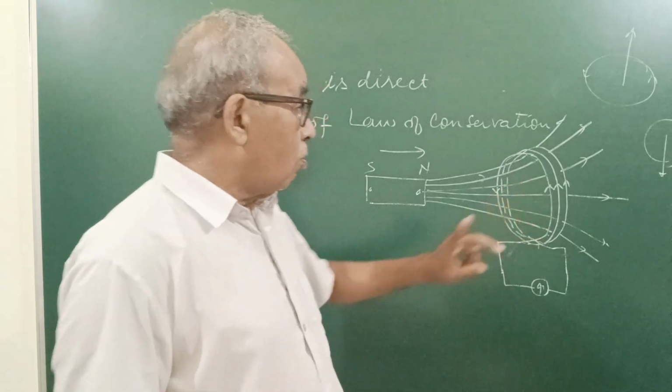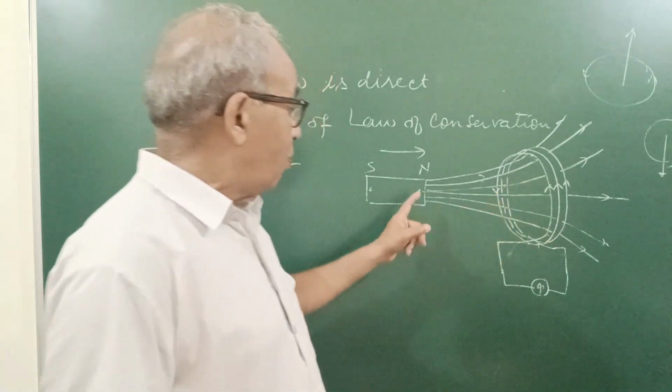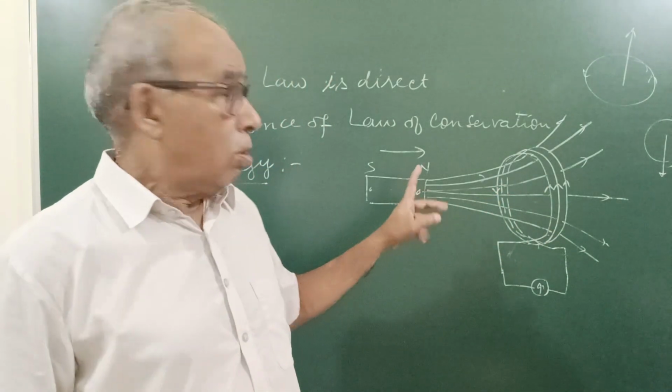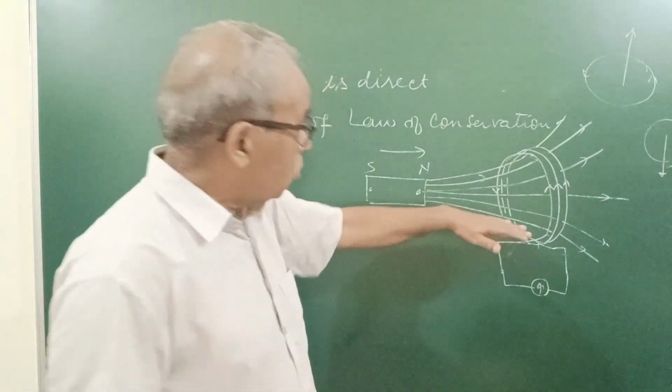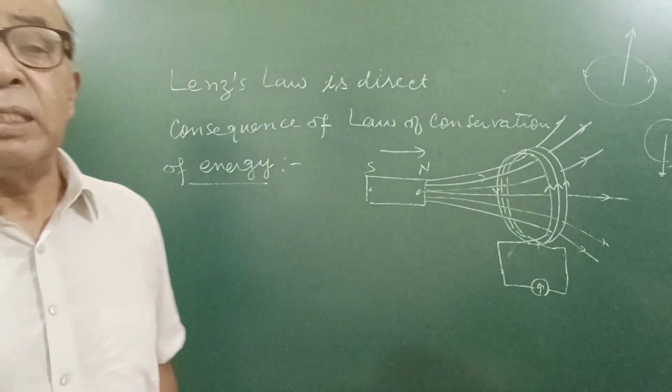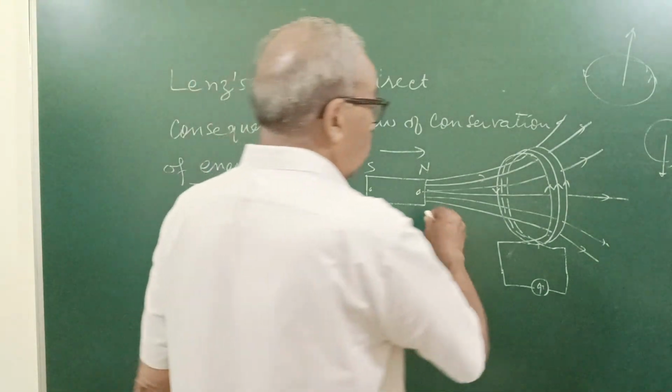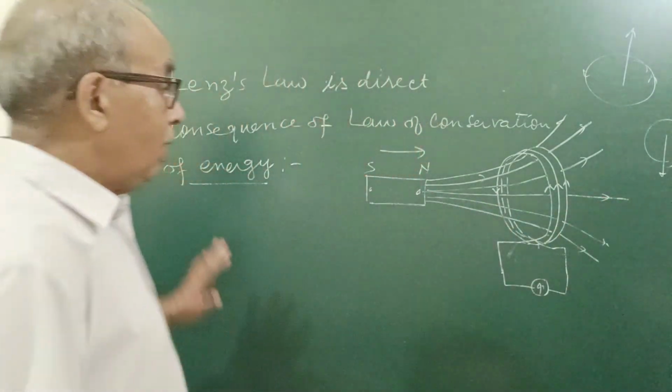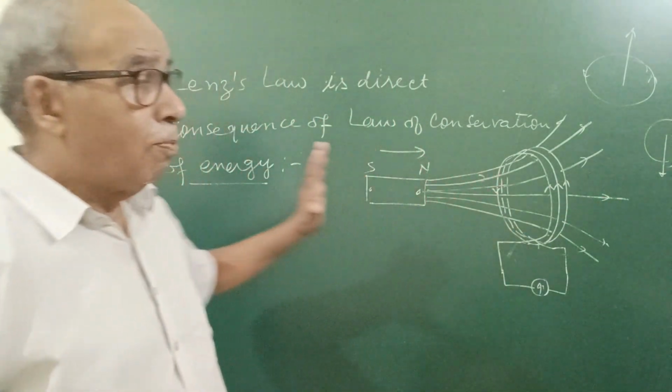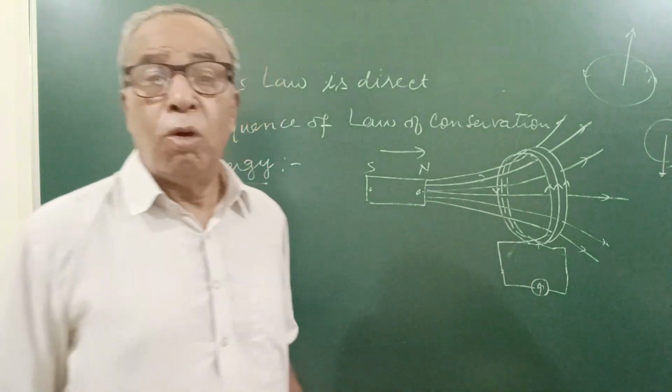And this north pole of the induced magnet will oppose the motion of the magnet toward the loop. It means the magnet will not go by itself. We have to push it, and in pushing the magnet toward the loop, work is done.